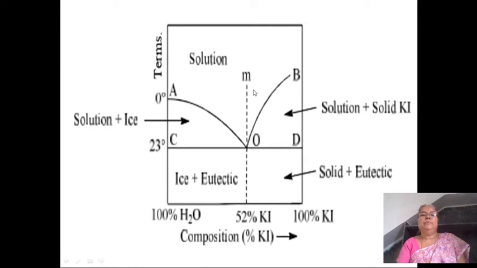Then in the two component system KI and water, the phases involved are solid KI, ice, solution of KI and water, and the vapor phase.